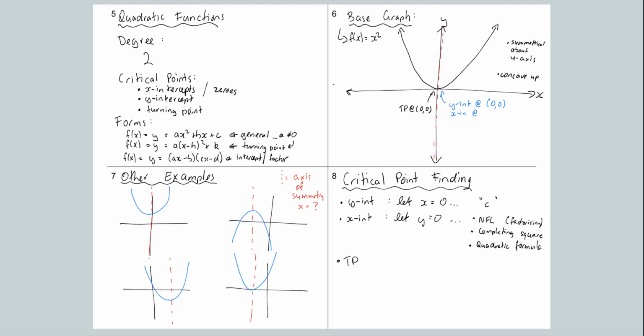And for the turning point, which you'll find me quite frequently just calling it TP. For the turning point, there's a whole bunch of things that you can do there as well. I'm going to leave differential calculus aside to when we actually cover that. So ignoring that for a start, you've got axis of symmetry, which is the midpoint of the zeros.